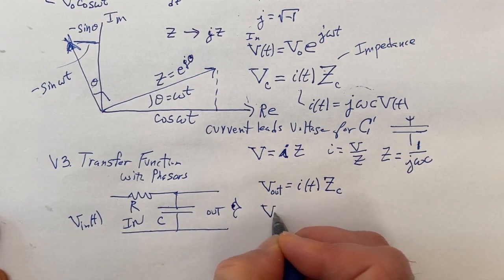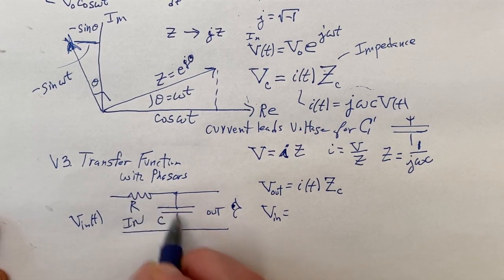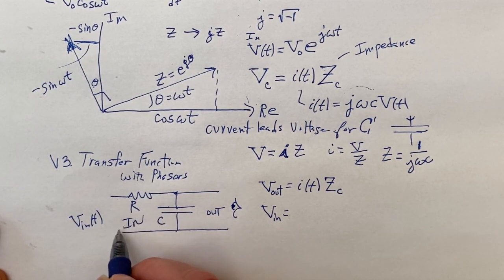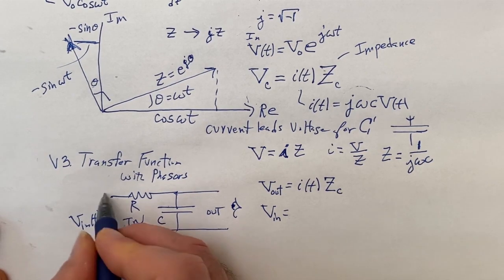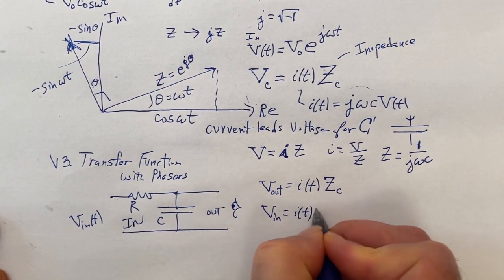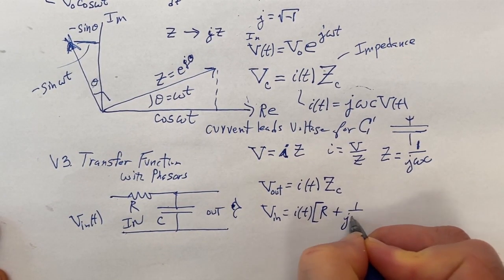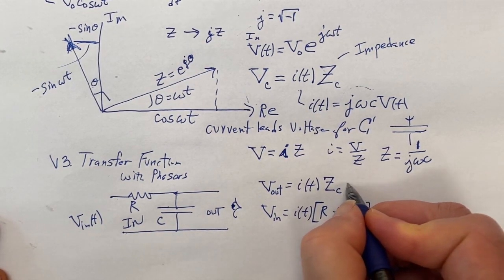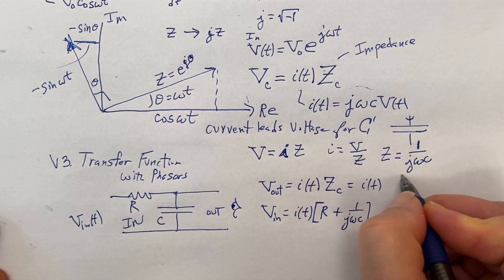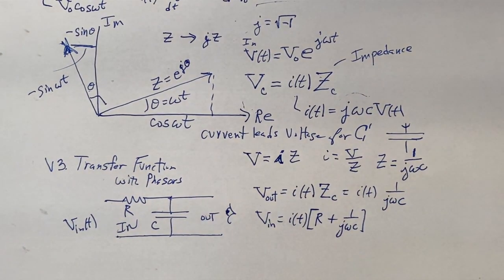And the input voltage is going to be the sum of these two pieces, using Kirchhoff's rule: going from here to there, it's the current through the resistor plus the impedance of the capacitor. So this is I of t, 1 over j omega C. You memorize that the impedance for the capacitor is 1 over j omega C.